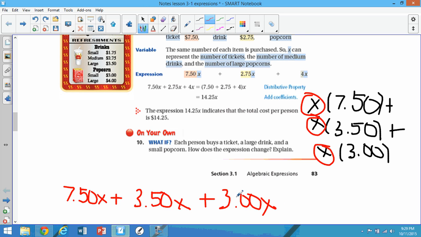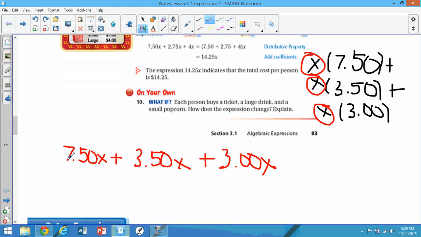Now we have three like terms, so we just add those together. 7.50 plus 3.50 is 11, so that's 11x plus, and I'm going to drop that 0.00, 3x. So 11 plus 3 equals 14x. Okay, that's how you would do that problem.